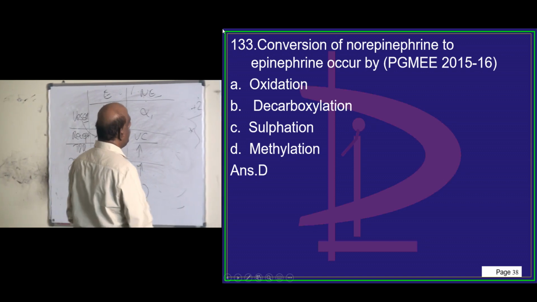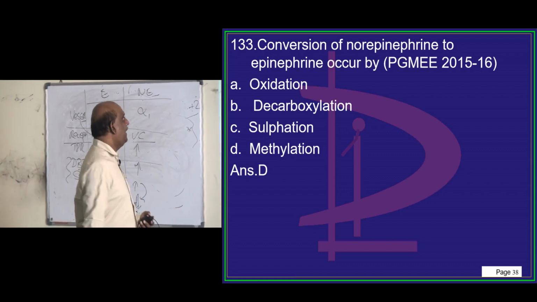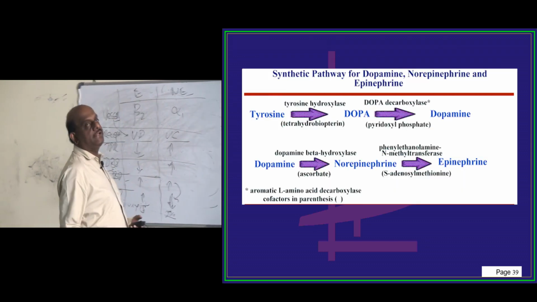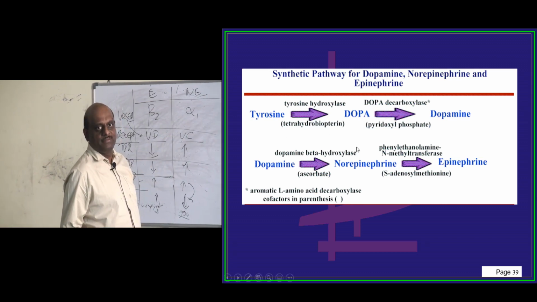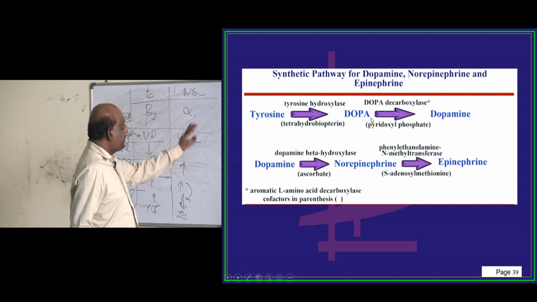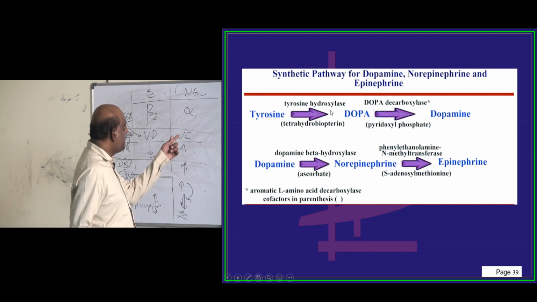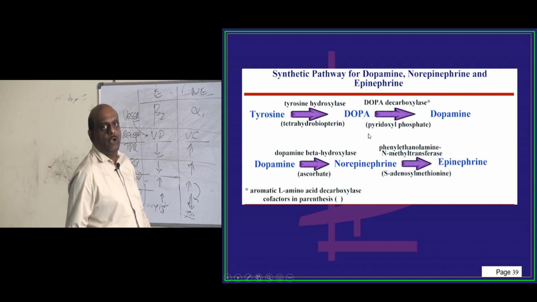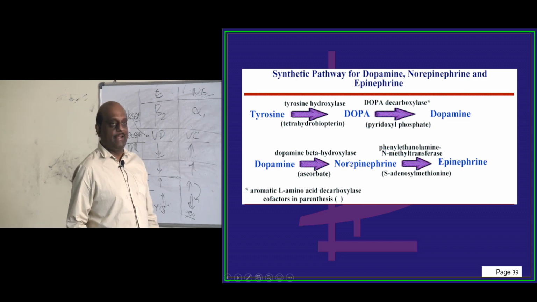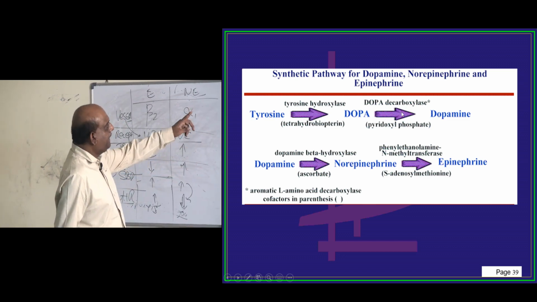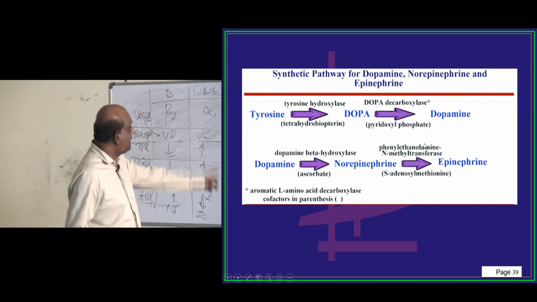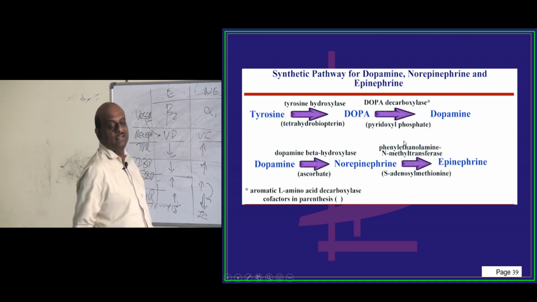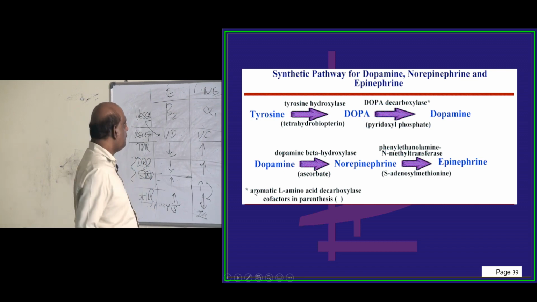Now, norepinephrine becomes epinephrine by methylation. Tyrosine, by the action of tyrosine hydroxylase, becomes dopa, and tyrosine hydroxylase has tetrahydrobiopterin as its cofactor. Dopa becomes dopamine by the action of dopa decarboxylase, and dopa decarboxylase has pyridoxal phosphate as its cofactor.